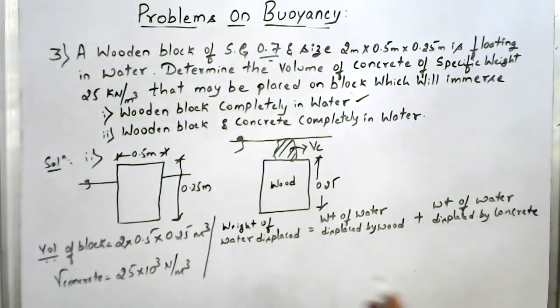Or else you can directly write weight of the wooden block plus weight of the concrete, because weight of water displaced by the wood is nothing but the weight of the wood only, due to the Archimedes principle, what he says, the same thing.